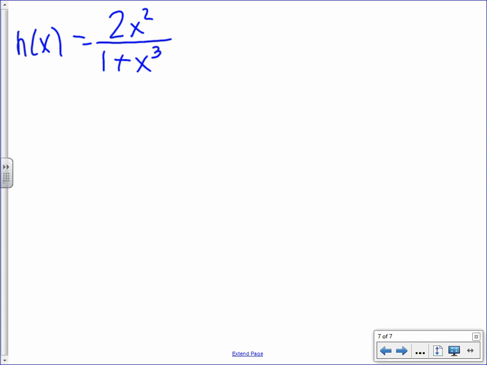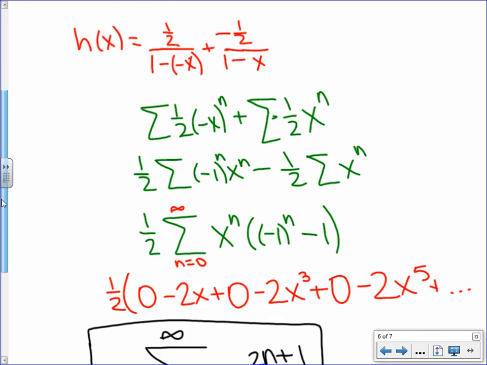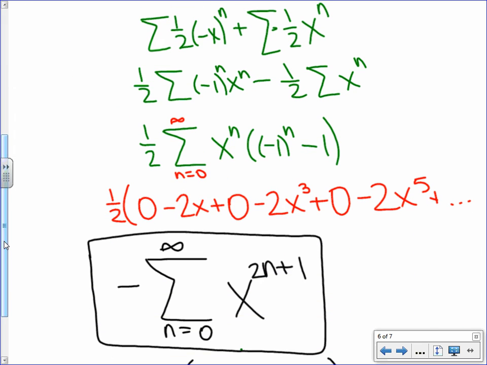Half the time they're going to cancel each other out, and half the time they're going to add together. When we plug numbers in, it was either going to be negative 1 minus 1 or positive 1 minus 1. So that's why we get 0, negative 2, 0, negative 2, 0, negative 2.